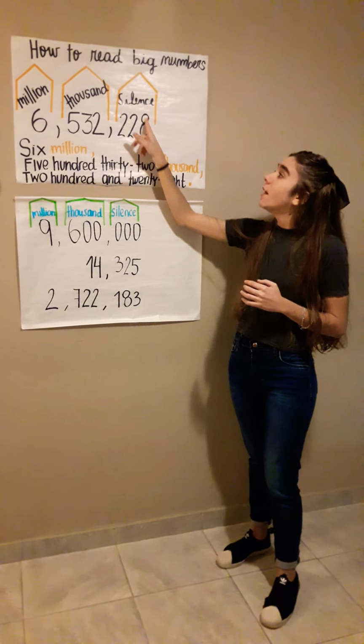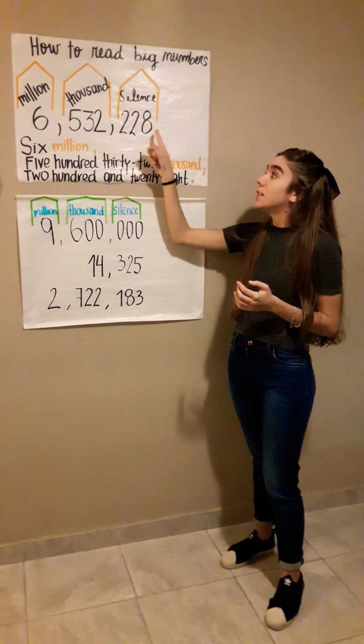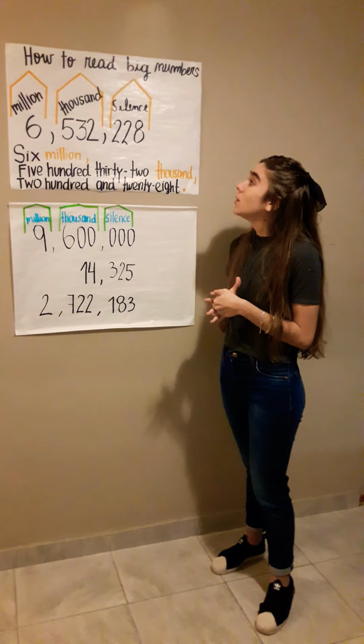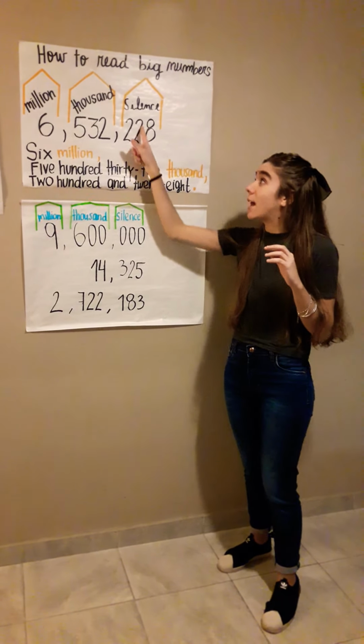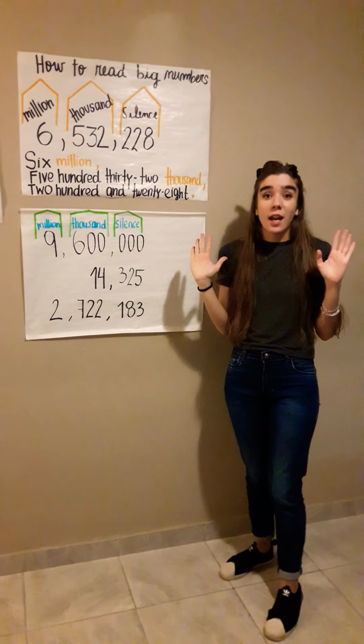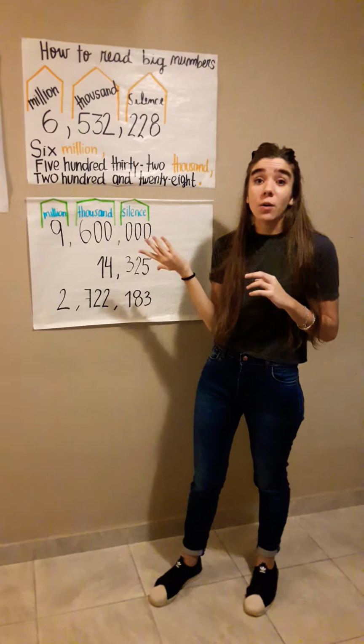And lastly, we have the silence house. 228. Okay? So, in the silence house, when we read the number, the last number, we don't say anything. So, we're going to read and write the whole number.